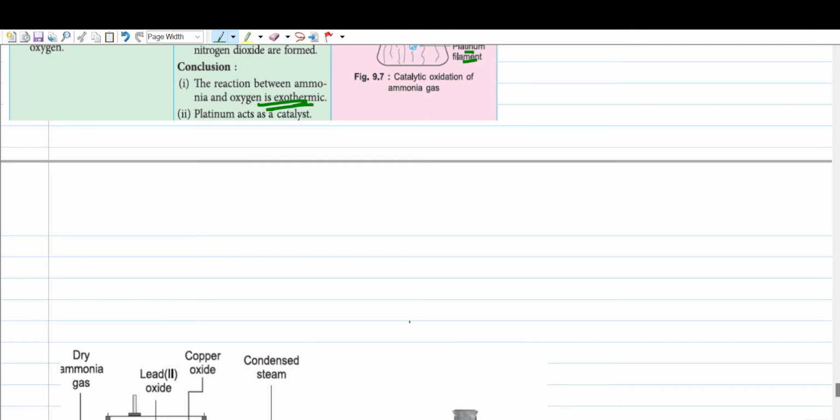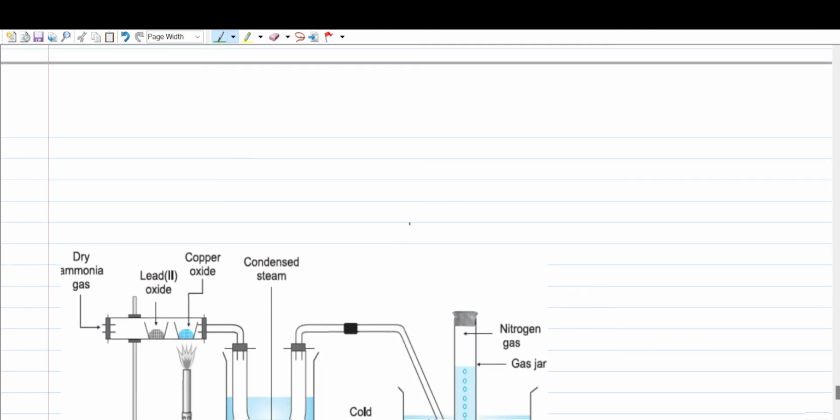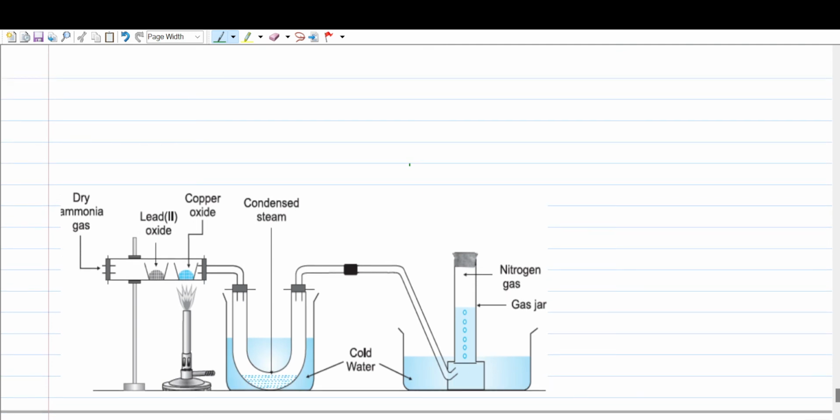Okay, now next, before coming to this, we have another reaction. We first take up what happens when ammonia gas reacts with lead oxide and copper oxide. So here ammonia acts as reducing agent.